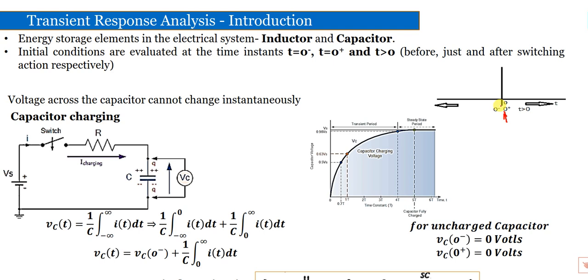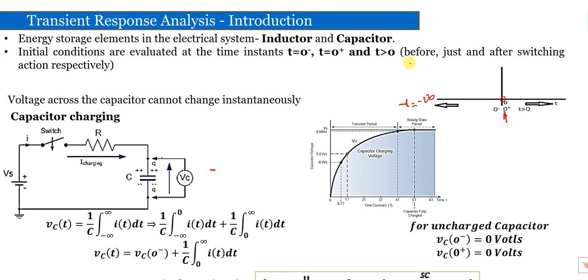And for all the time before the switching action takes place, we can take t equals minus infinity to t0, which is called before switching. t equals 0 plus is just switching, and for all the time after that we call it after switching.